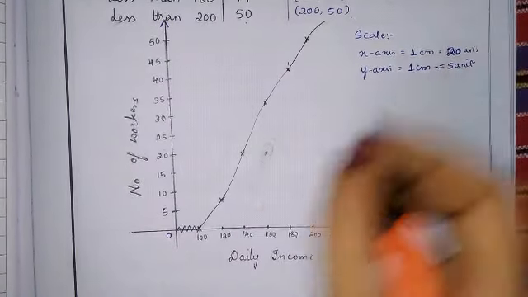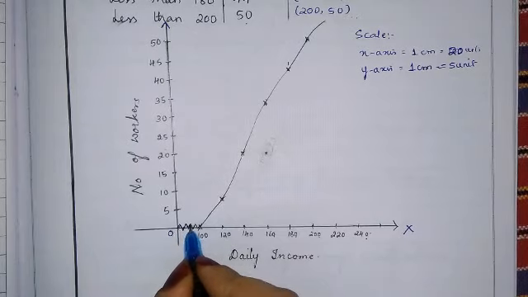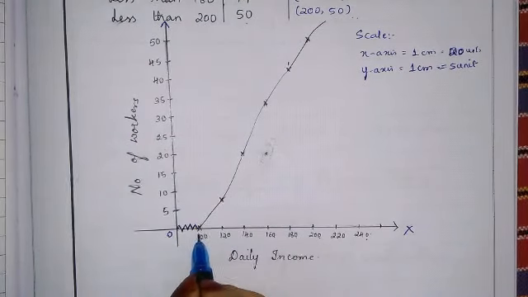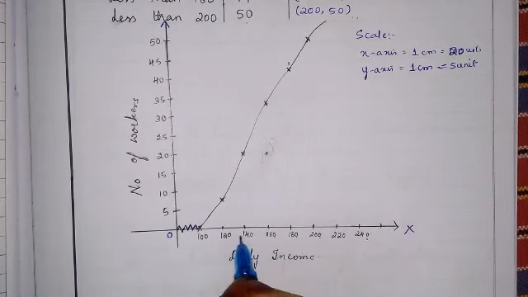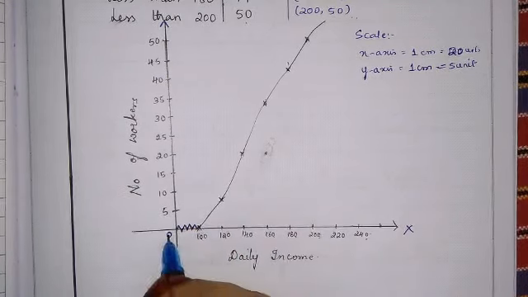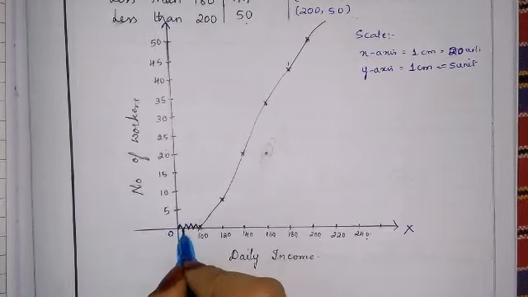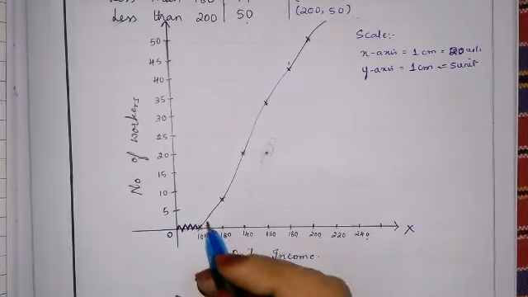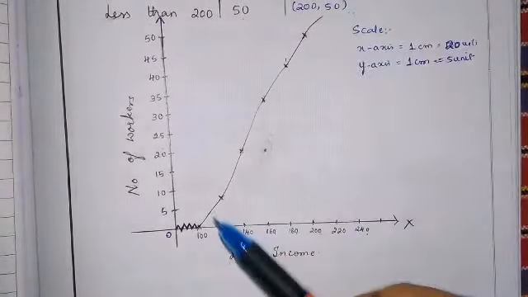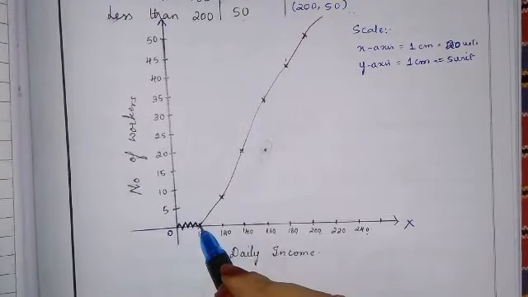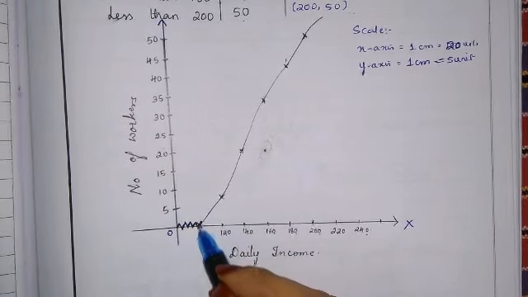You can see why I have done this mark: 0 to 100 is not the same as 100 to 120. Here the differences are 20, but 0 to 100 is a big difference, so we have to do it like this. Okay, now let us go on plotting. X 100, y 0 on the same line.